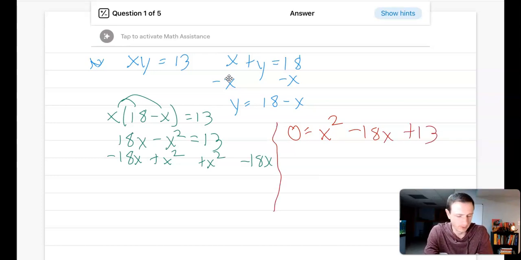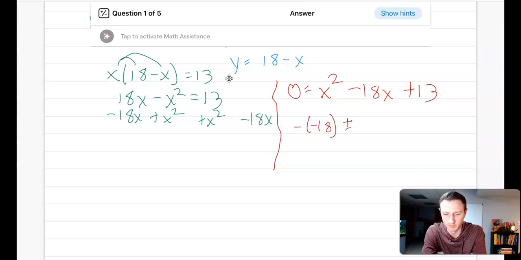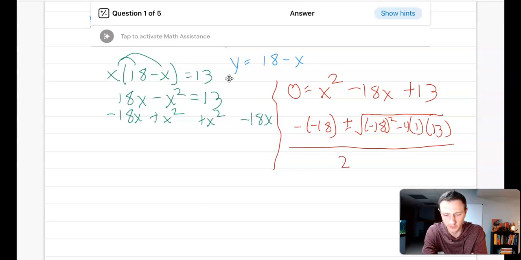Can't factor it, so we've got to use the quadratic formula. So the quadratic formula is negative b plus or minus the square root of b squared minus 4 times a times c, all over 2a.